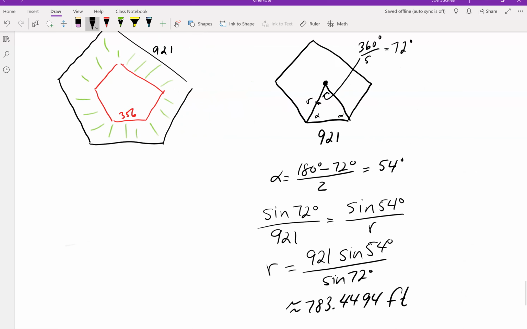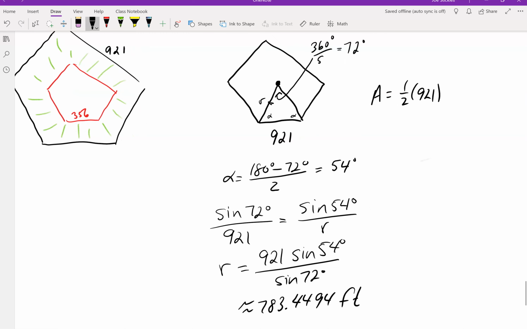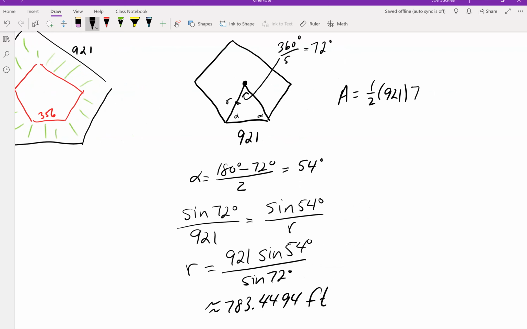So now I need the area of that one triangle. So I do 1/2 times the 921 times that 783 number times the sine of 54, because I'm using this side, this angle.